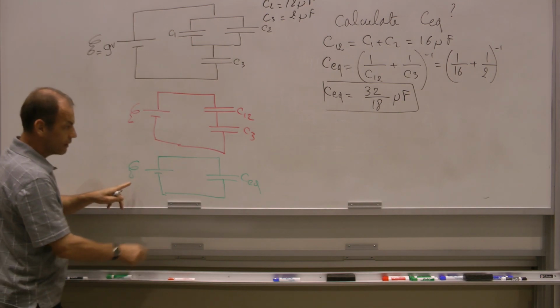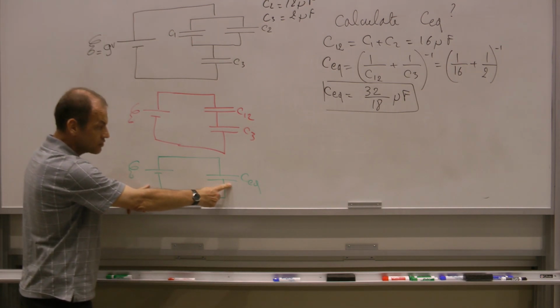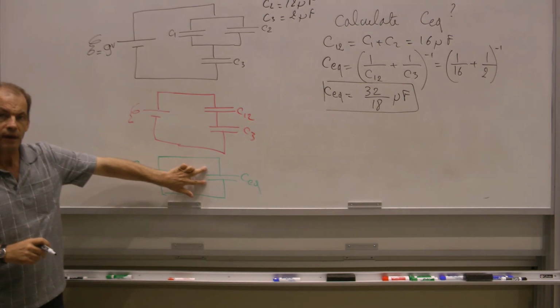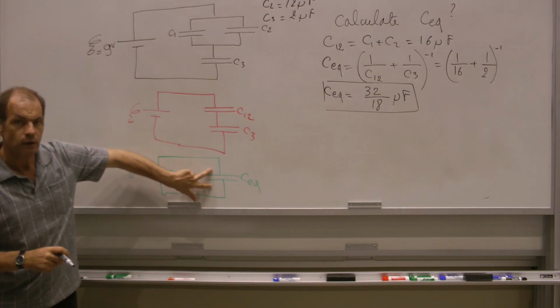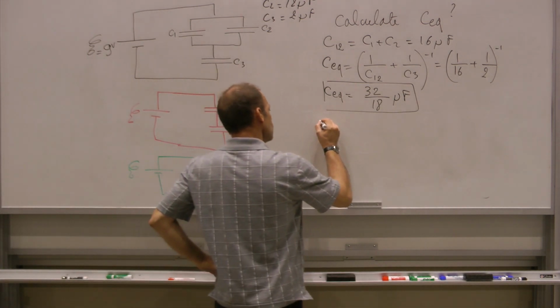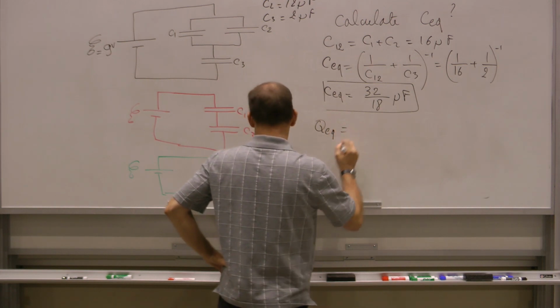We're at the bottom. Out of this, I can calculate the charge held by the capacitor, because I have one single capacitor connected to the EMF E. So what is the Q equivalent?